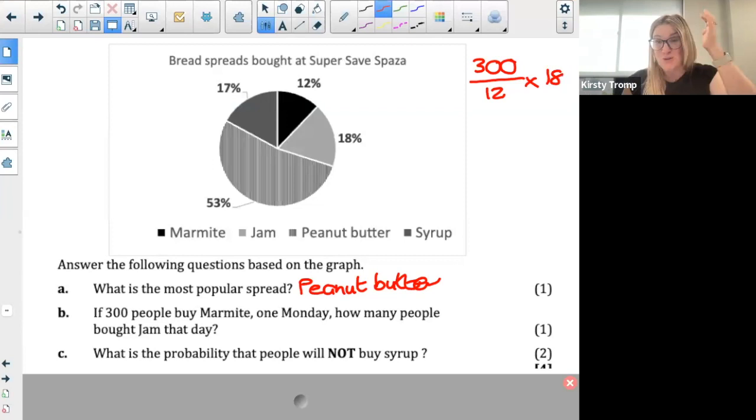What you do is you divide by what it is and you times it by what you want. This is different to the ones we practiced before. So we say 300 divided by 12 and times it by 18.